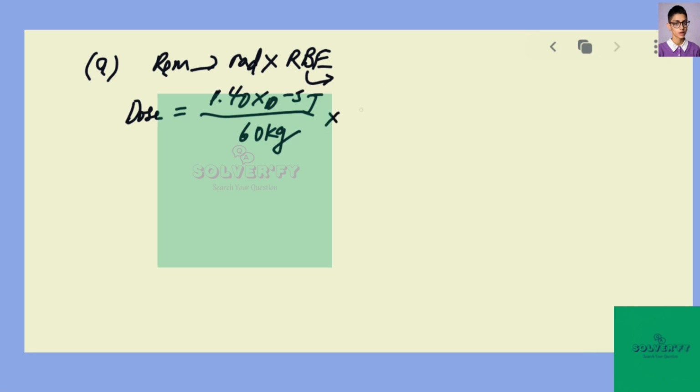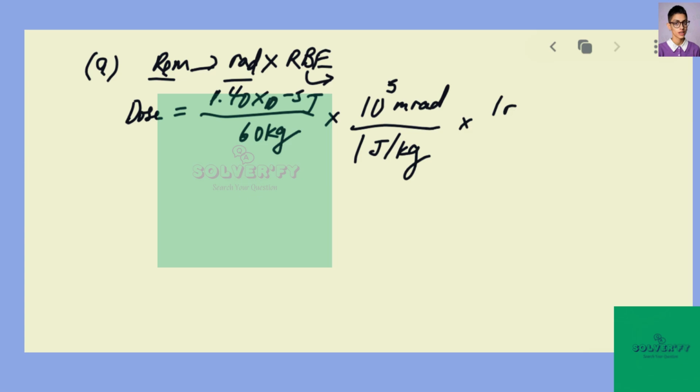To convert from grays to millirads, we multiply by 10 to the power of 5 millirads per gray, which is in terms of joules per kg. Since rad equals REM for this case, we don't need any conversion factor. 1 millirad is the same as 1 milliREM.